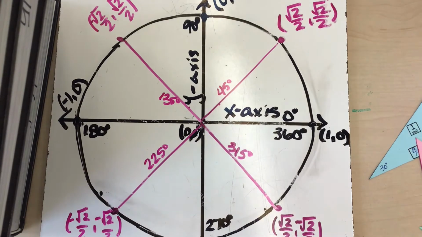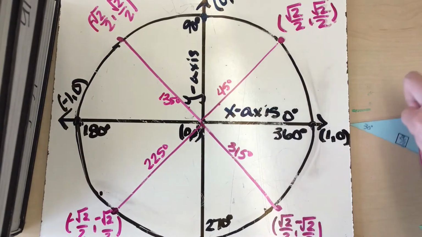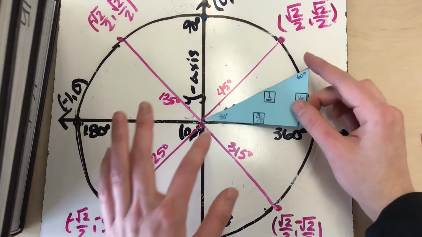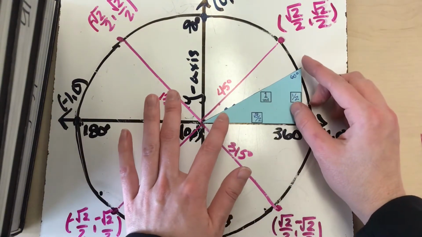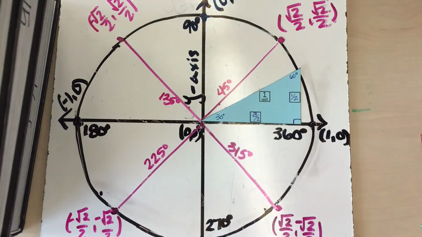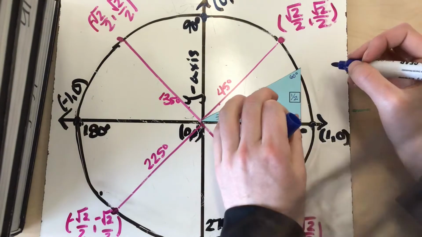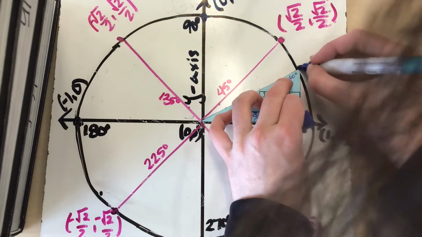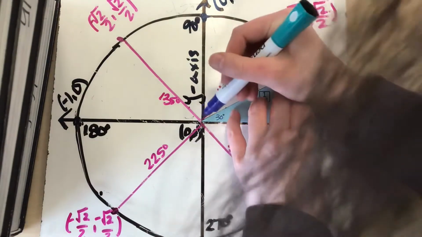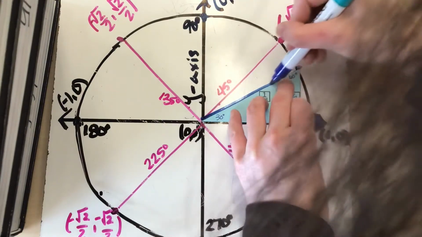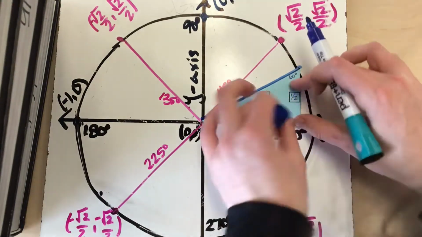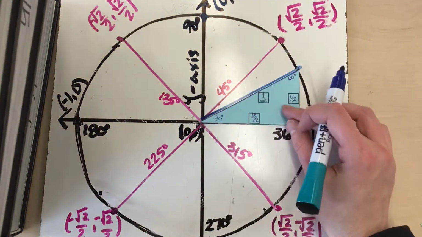Now let's go ahead and do this for our 30-degree ones as well. We're going to follow that same method, taking our triangle. Now for 30 degrees, our point is going to be a little lower. And we said that our units for this one changed a little bit, right?